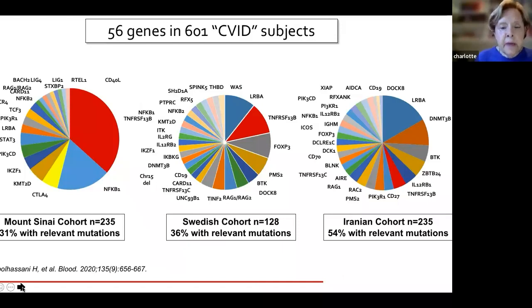But again, I apologize for the complexity of this slide. If we take the Mount Sinai data on the far left, I then correlated this with my Swedish colleague, Dr. Lennart Hammarström, looking at his Swedish cohort.